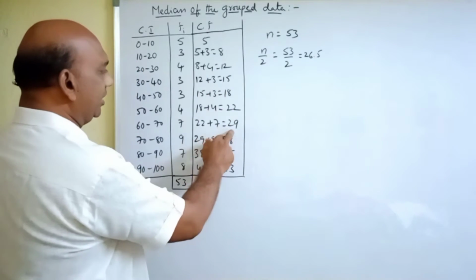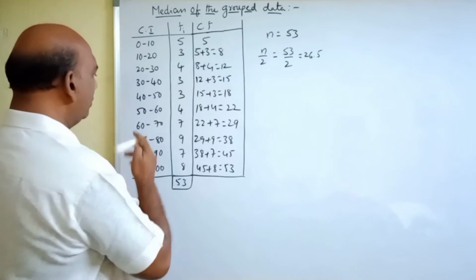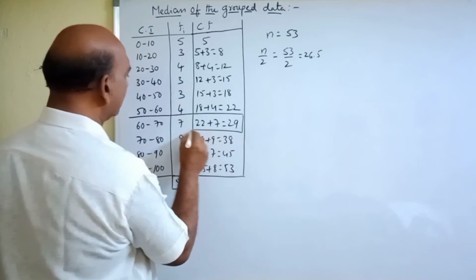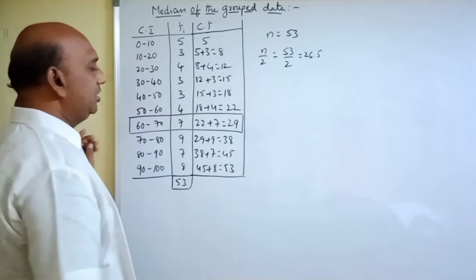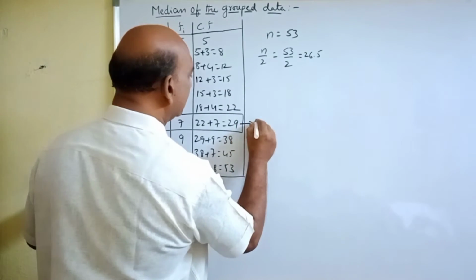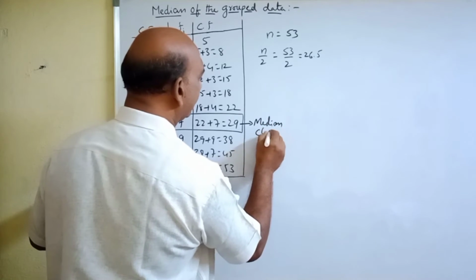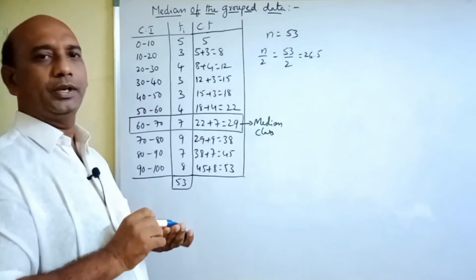So 29 is the cumulative frequency, and we select this class as the median class. This class is selected as the median class.